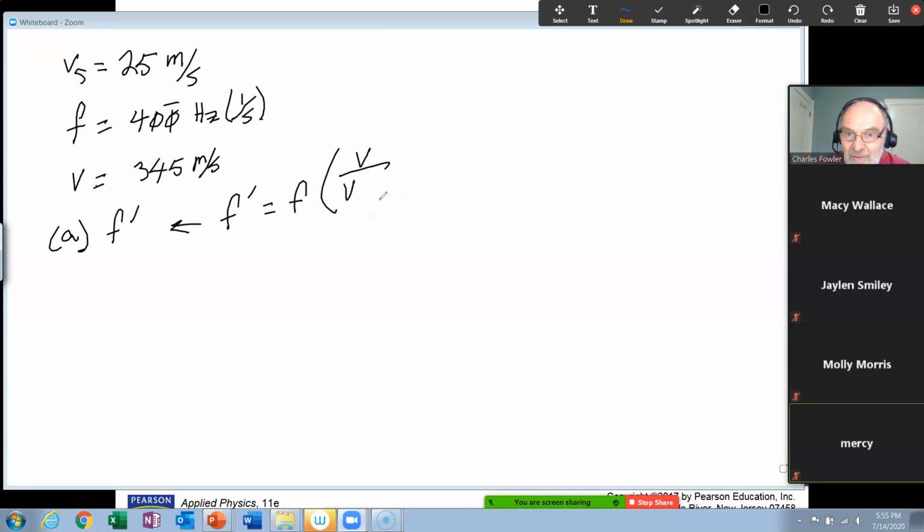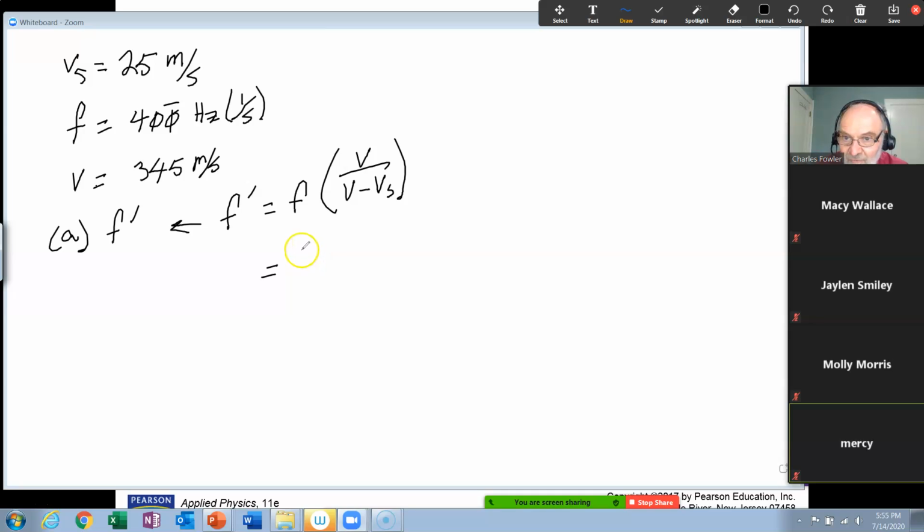So the car is coming to you, so now we use the minus sign, V sub S. So it's coming to you at that speed, 25 meters per second. So let's do it.